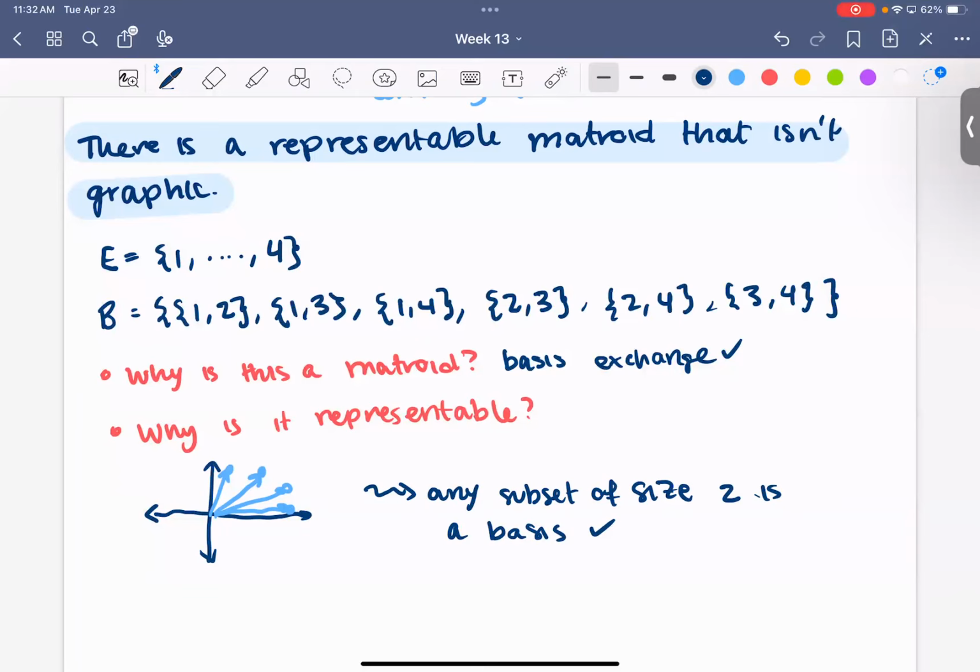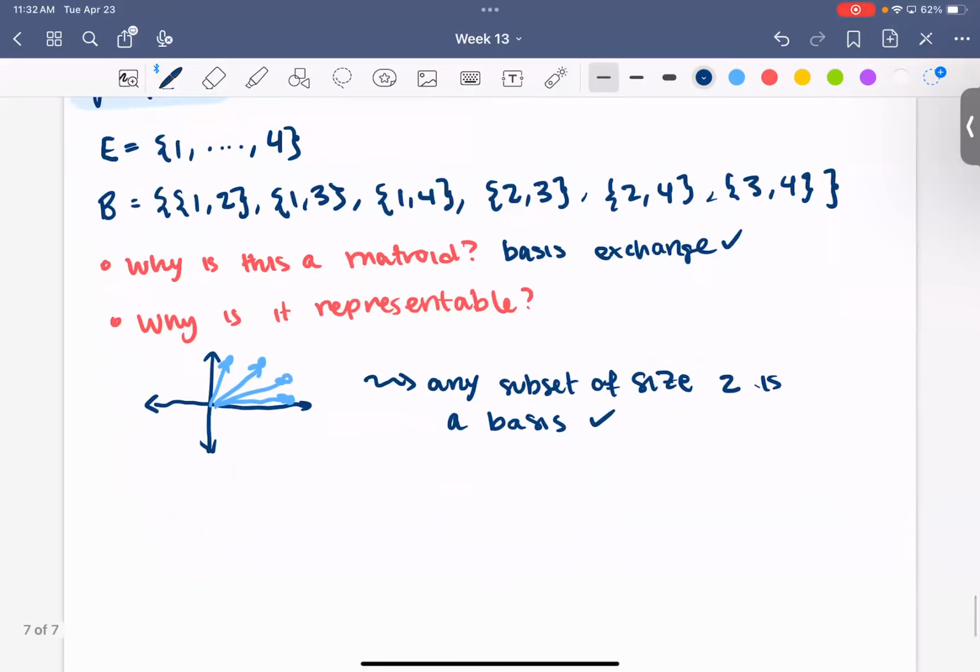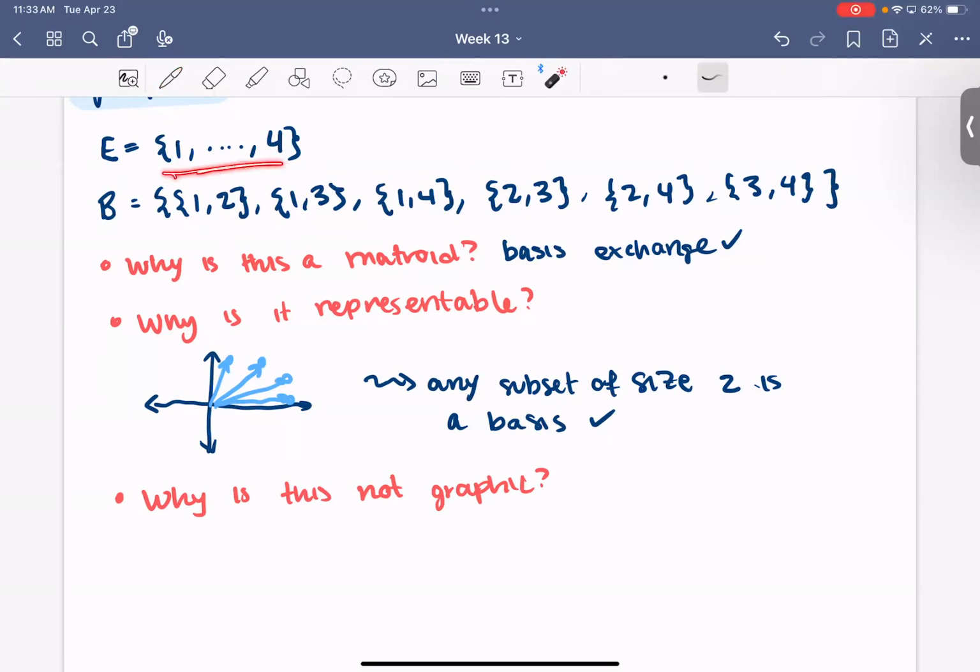Okay, and lastly, why is this not graphic? So I'll give you a few minutes to think about that and then we can make the argument. So why isn't it possible to make a graph with 4 edges where these are the spanning trees?